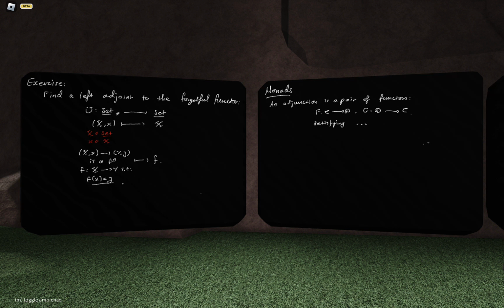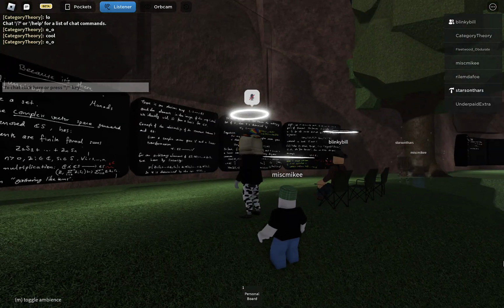There's the side on the category C and there's the side on the category D. So we can ask how much of the adjunction can you see from just one side? Let's take a particular side. Let's take C.